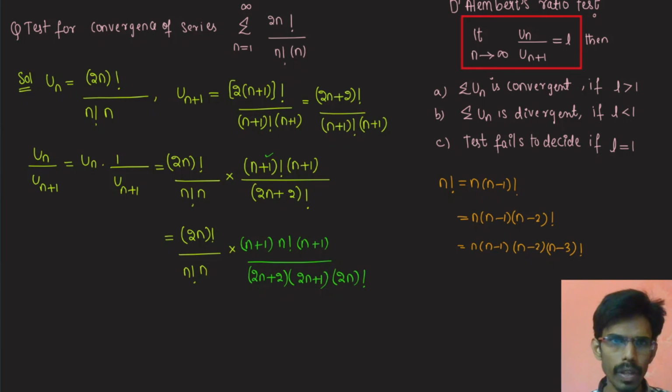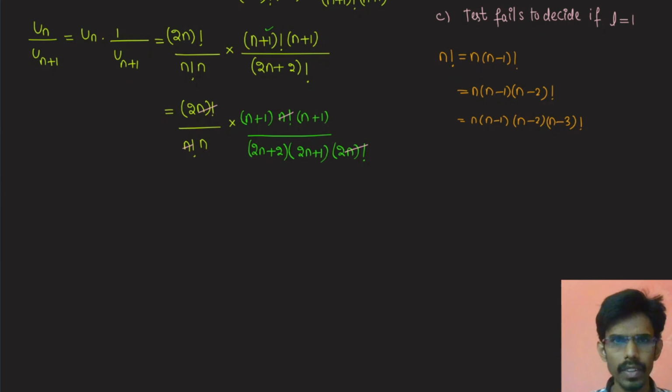Now we cancel this numerator (2n)! with this (2n)!, and here n! with n!. Now we are left with n plus 1 into n plus 1 in the numerator, that will become (n plus 1) square, by n in the denominator into 2n plus 1.